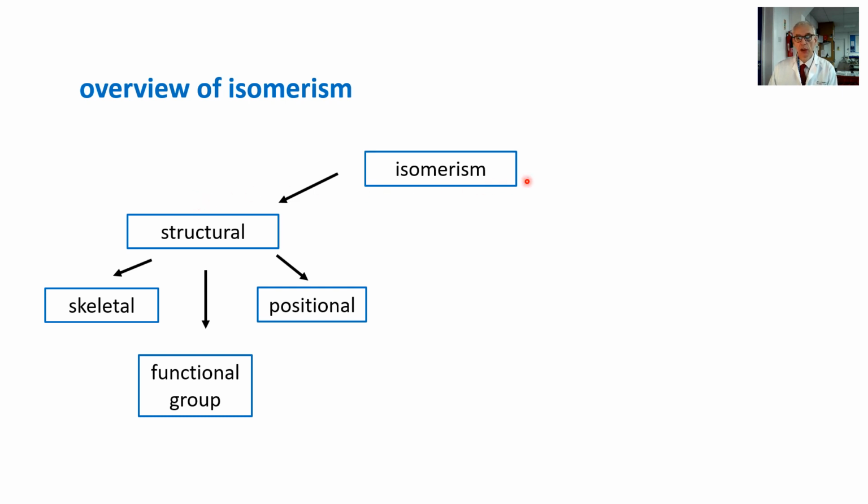Now in year 1 you will have also met stereoisomerism. Pause the lesson and write down what stereoisomers have in common, but how also do they differ. Pause, come back when you are ready.